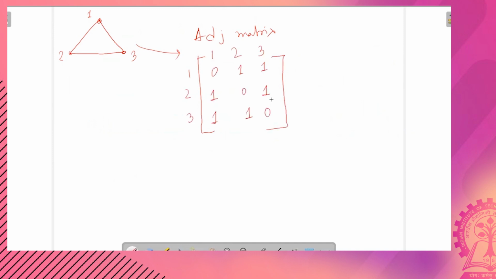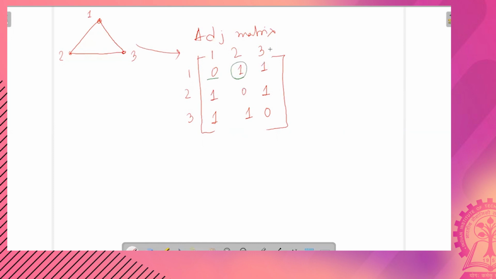So if we have a graph like this, then the adjacency matrix corresponding to this graph looks as follows. You read it as follows: there is no edge from node 1 to 1, there is an edge from node 1 to 2, and therefore this cell is 1.